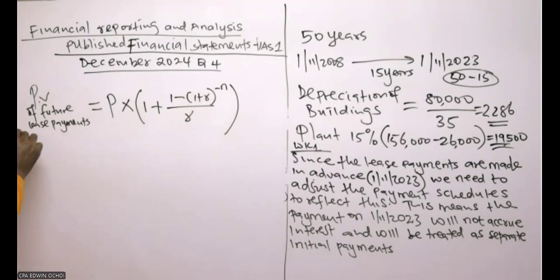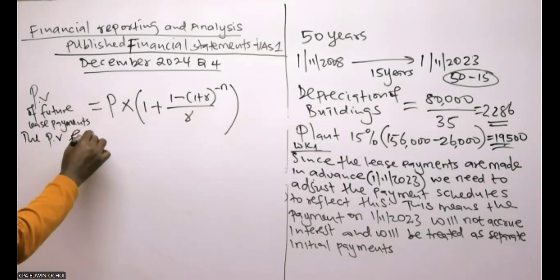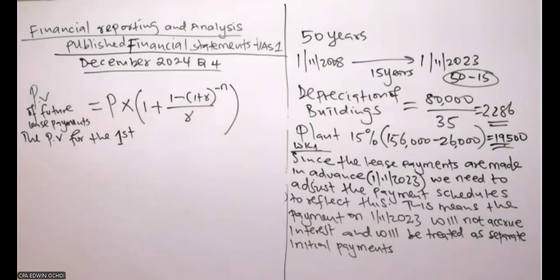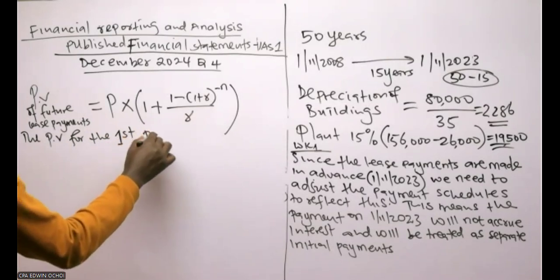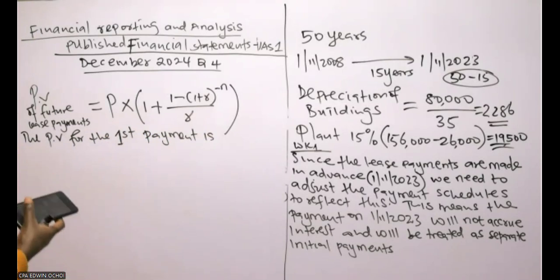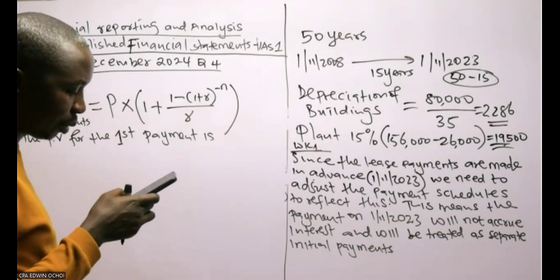Then we say the PV, the present value, for the first payment. That was the only challenging additional information, but you will be able to understand. The present value of the first payment, in that question, on 1st November 2003, farmland entered into a 5-year lease agreement for an item of land.